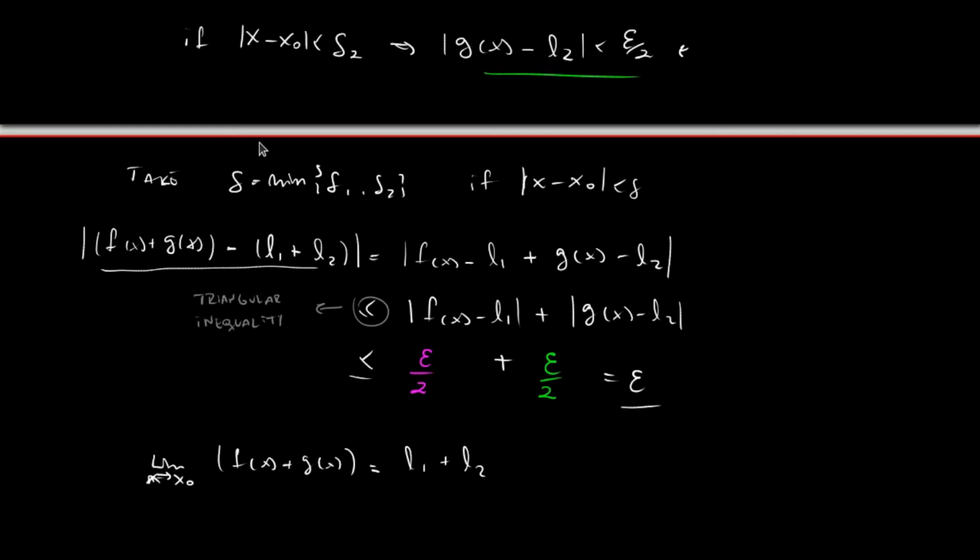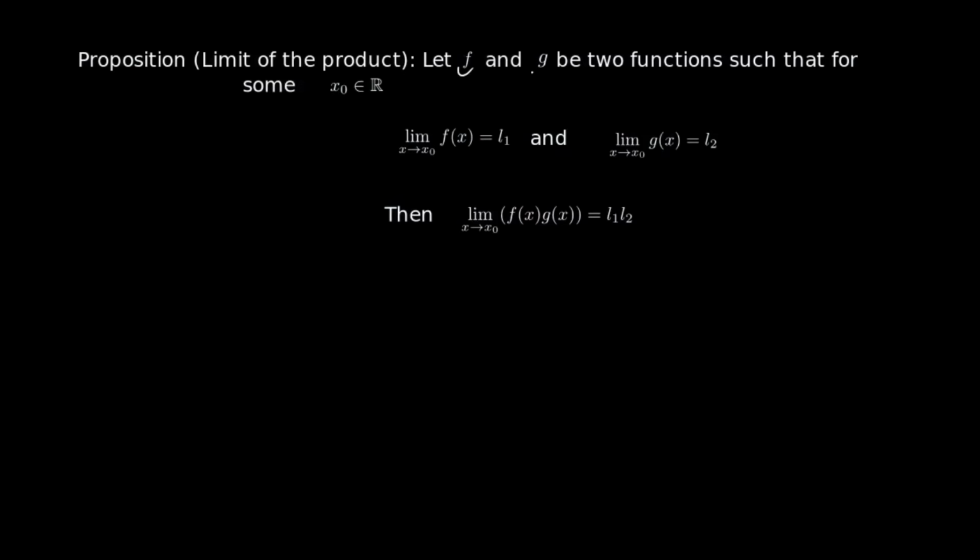We're now going to see another proposition about the product of two functions. So again, we have f and g, two functions, with limits L1 and L2 at the same point x0. Now we want to prove that the limit of the product of f and g is the product of the limits.